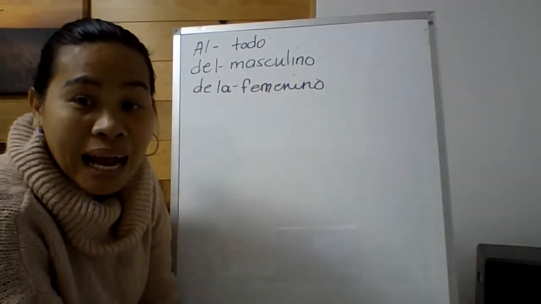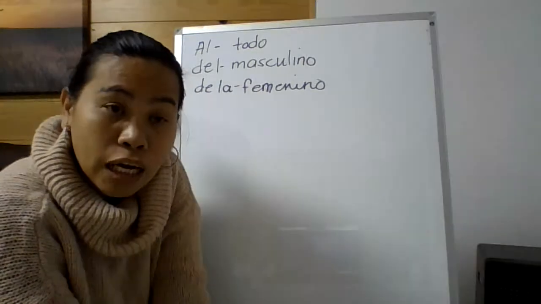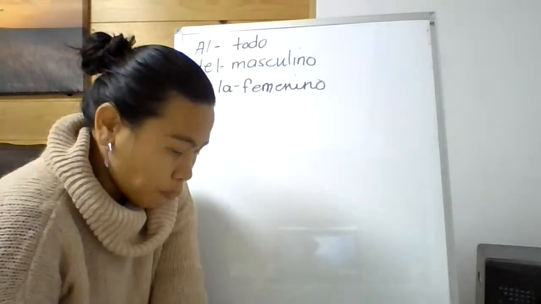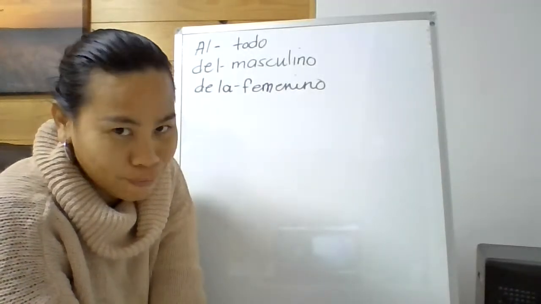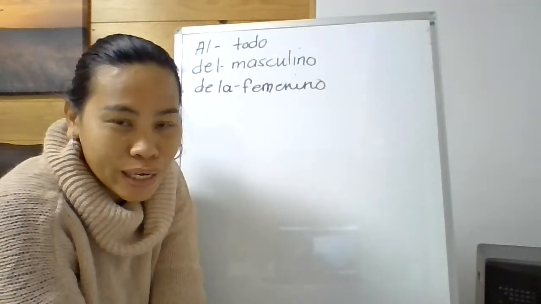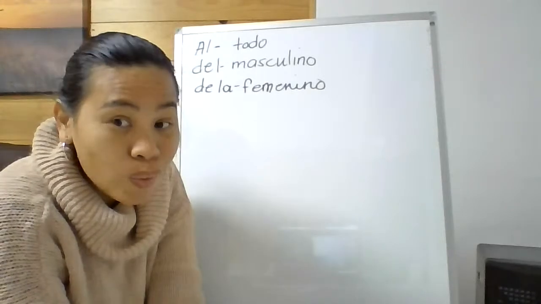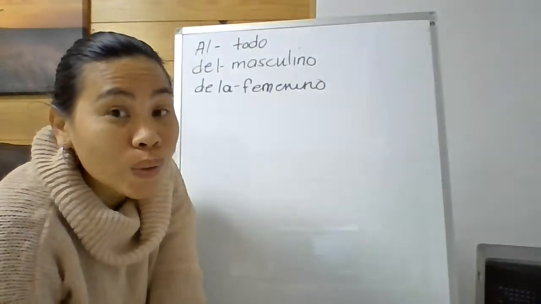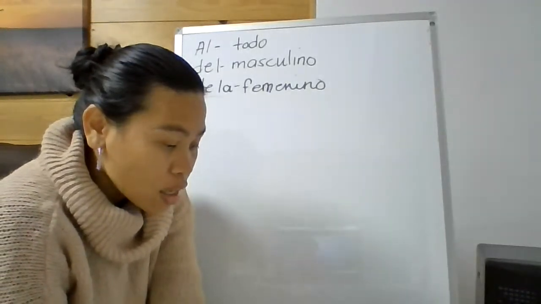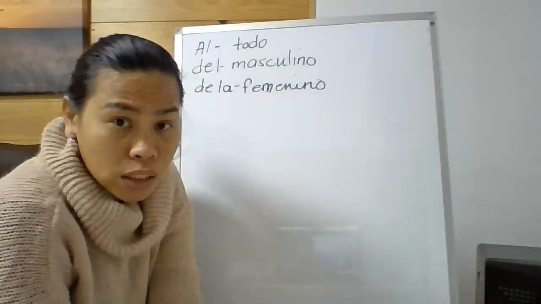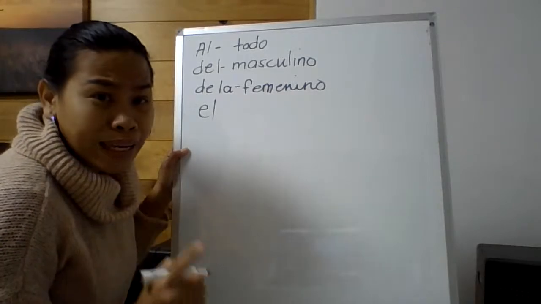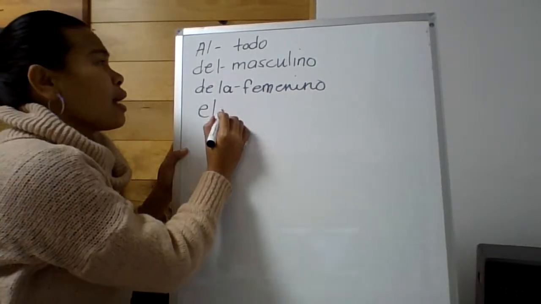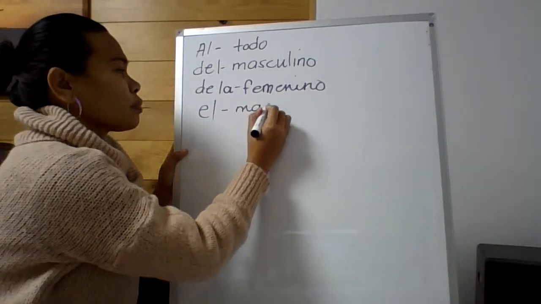So, "de la cama", for example, the article, because in Spanish, they always have feminine and masculine words. So it is very important also that we know the articles. For example, as I've mentioned so many times, "el" is masculino.